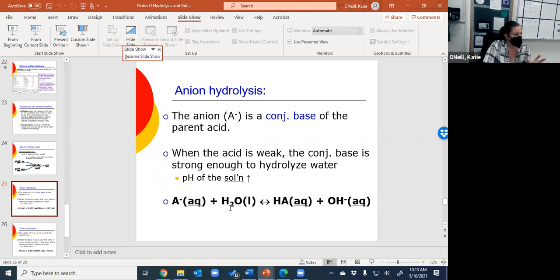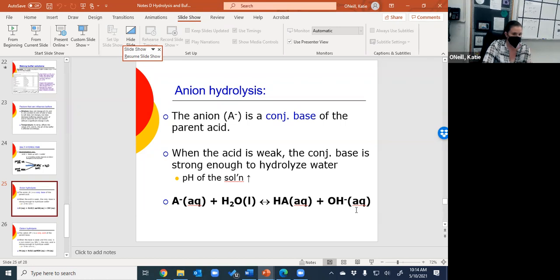Almost like a single replacement reaction. Picture this as HOH. Can the A replace one of the H's and bond with the OH instead? Or kick off the OH instead? So the idea is, can it go back to forming the weak acid? And then in this case, it would kick off OH, and so it's going to make a basic solution.